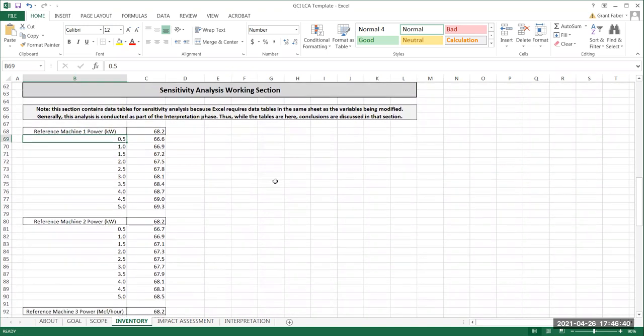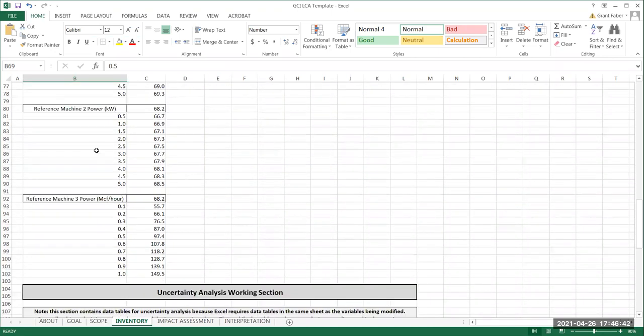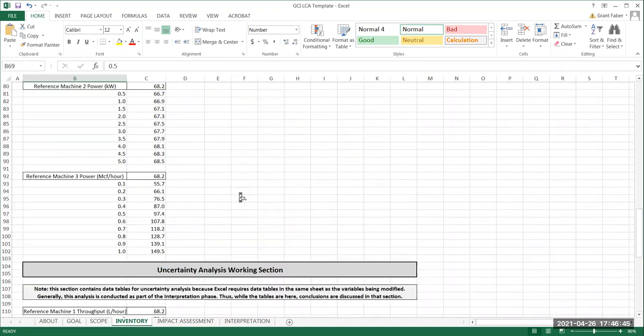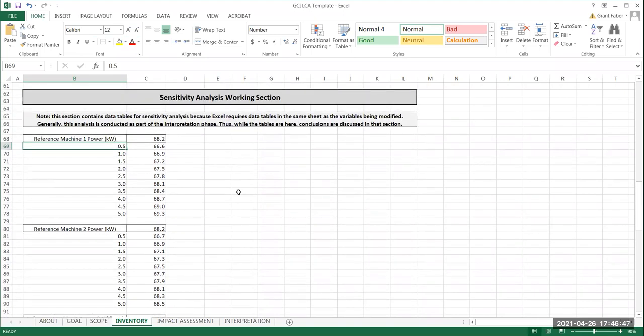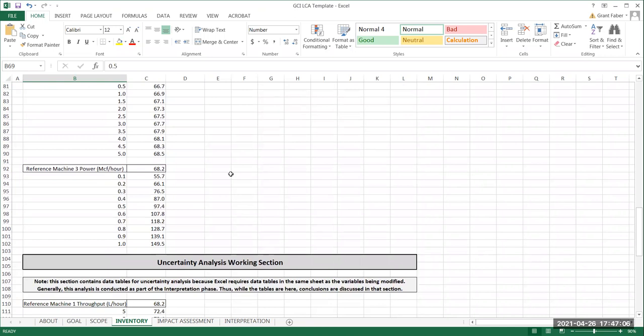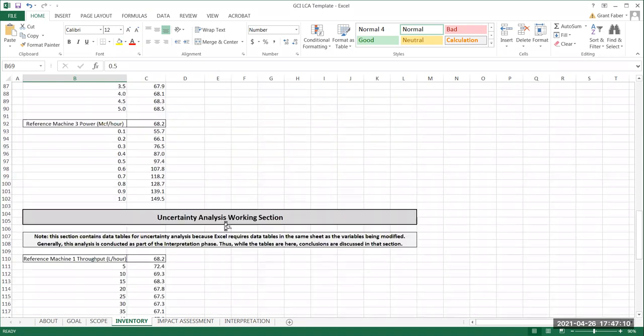One other note is that this template just uses data tables to do these analyses, but there are ways to use other tools. For example, there are various Excel add-ins that can be downloaded or purchased, or different kinds of VBA code that can be used to generate, say, a tornado diagram or a spider chart for sensitivity analysis, or that may be used for a Monte Carlo analysis in the uncertainty analysis section as well.